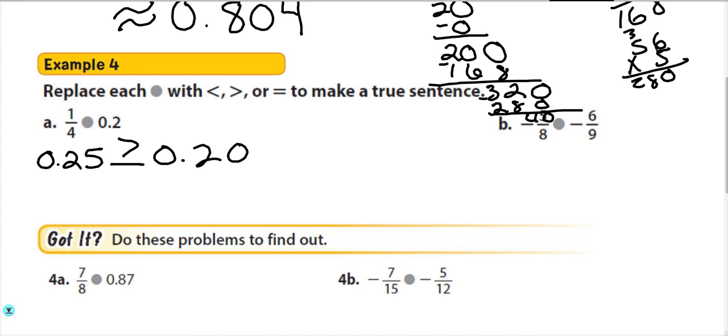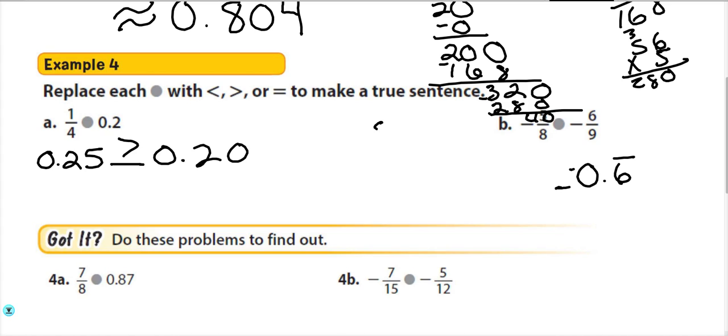All right, let's come over here. So it's -5/8 compared to -6/9. Now we know from our previous one that -6/9 actually means -0.6 repeating, because anything over 9 repeats, and we need to figure out what 5/8 is, and let's work that out over here.